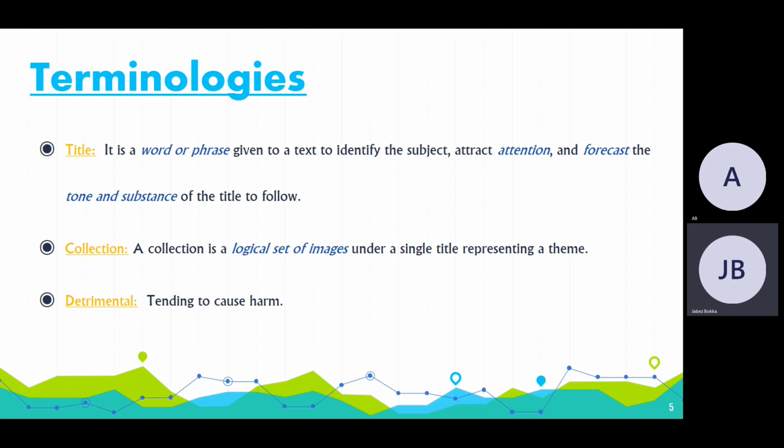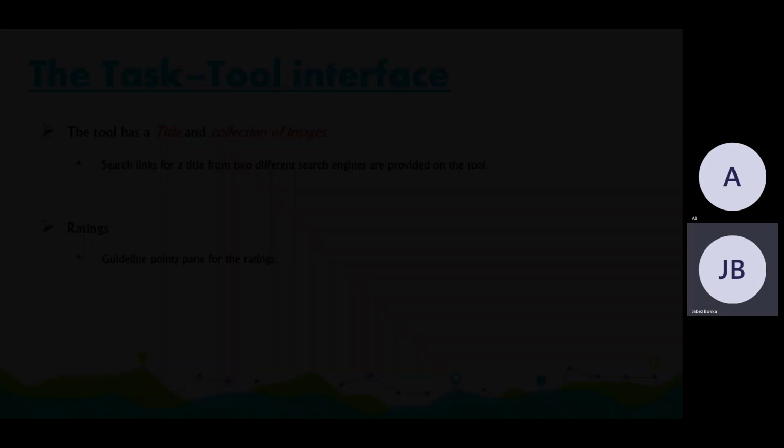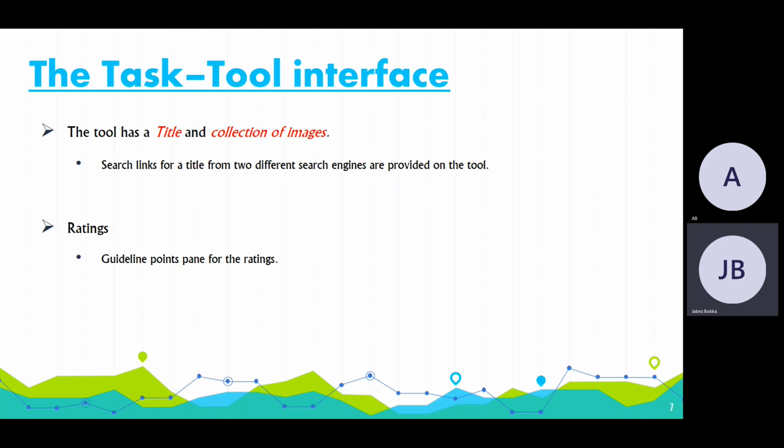Detrimental: if you find any content which is harmful, any explicit content, any sexual content, or any swearing words within the title, the images, or the query, then we have to consider it as detrimental.